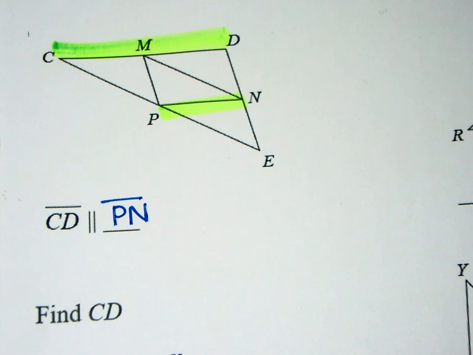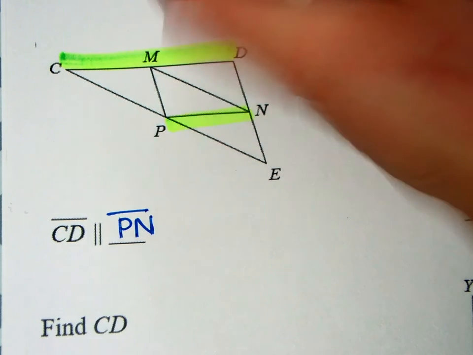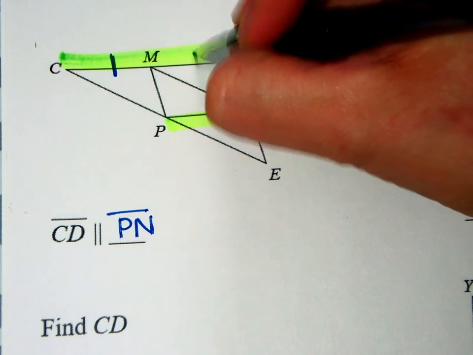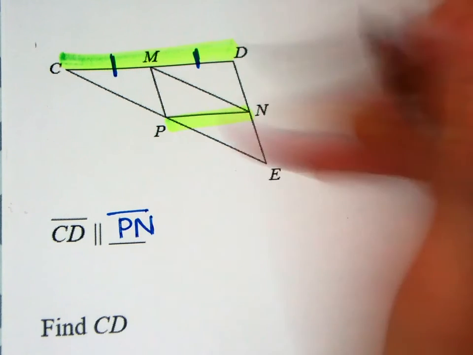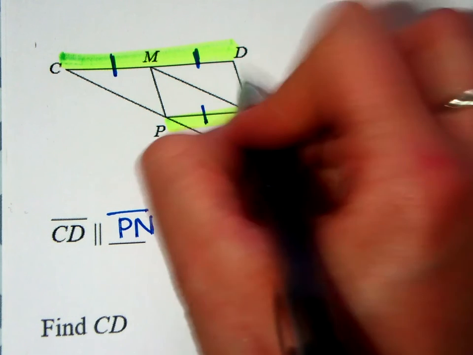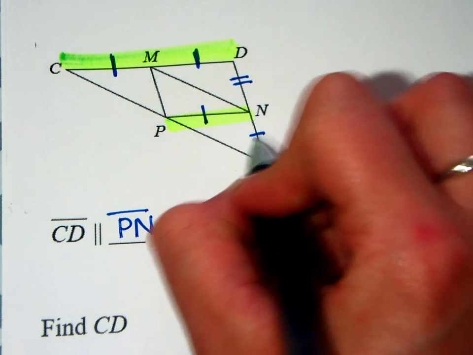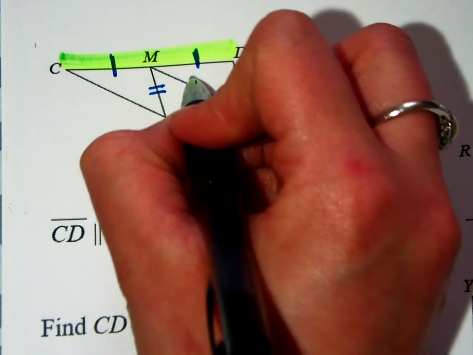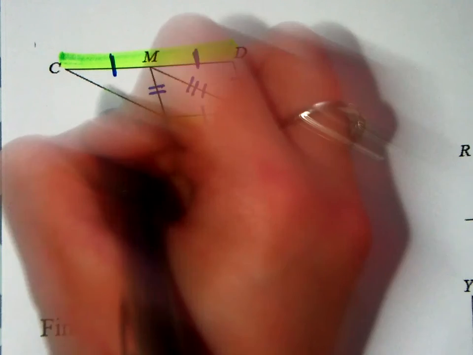Another important thing that we want to recognize about mid-segments is you have a lot of congruent stuff. CM, MD, and PN are all equal to each other. The same thing's going to be true over here. All three of those will be the same, and all three of these will be the same.